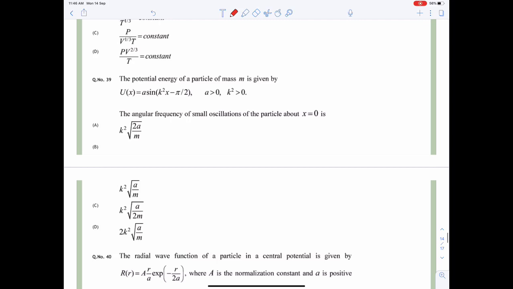The concept is that omega is equal to under root k by m. You have to tell the angular frequency. So angular frequency is given by omega is equal to under root k by m, and you have to calculate k, which is equal to d square V by dx square, where x is equal to the stable point.